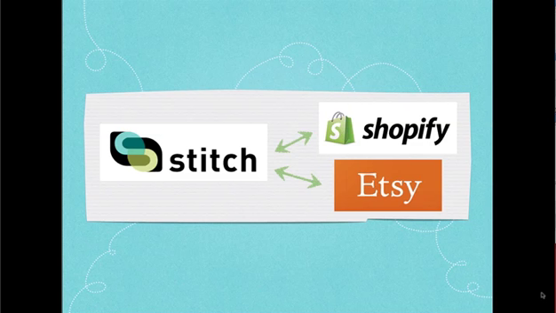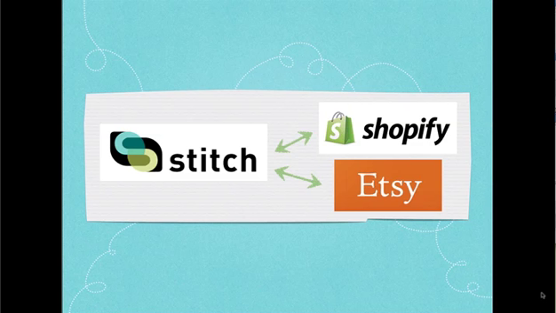Right now, we've talked a lot about how you can sync your Etsy orders, and we've got some really cool things with this integration, like it relists automatically. We also have integration with Shopify, and what that means is that, for example, if you have two shops, one on your website that is on Shopify, and you also sell on Etsy, and something sells out of your Stitch inventory, say you only have 3 left, and this happens a lot, like I'm down to a lot of my minor inventory right now, if I have 3 left of a certain size and one sells on Etsy, it automatically comes out of my inventory in Stitch.